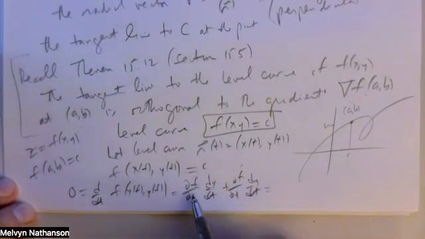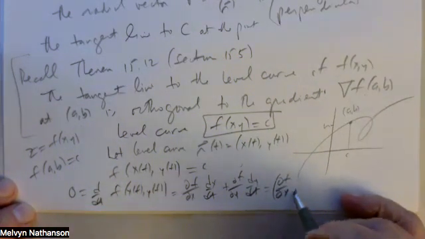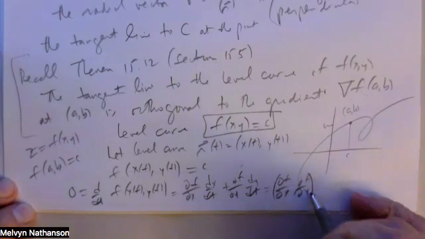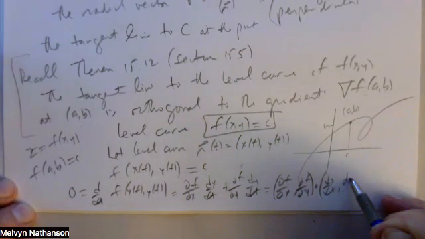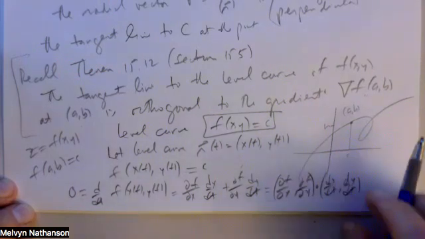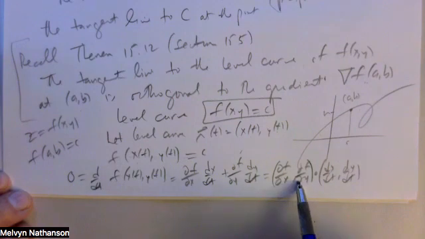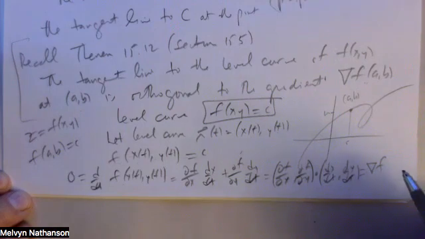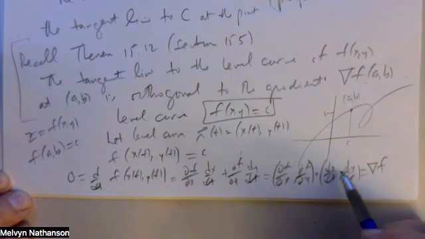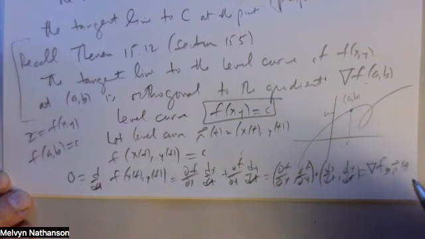This is the dot product of the partial f with respect to x, partial f with respect to y, with dx dt, dy dt. But the partial of f with respect to x, comma, partial f with respect to y, that's just the definition of the gradient of f. And dx dt, dy dt is r prime of t.